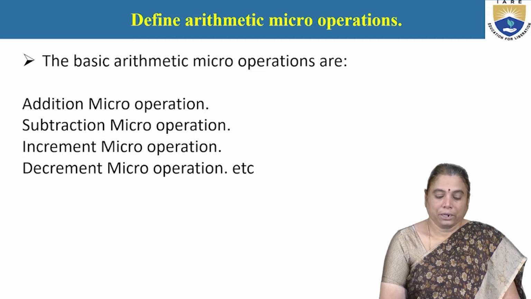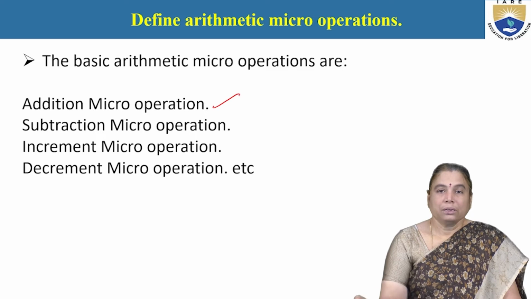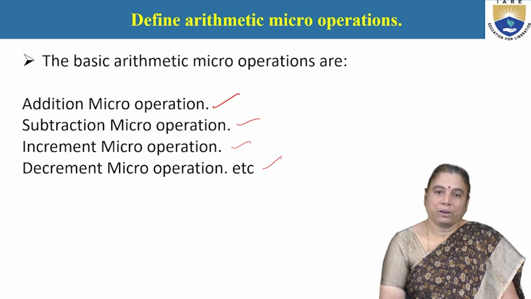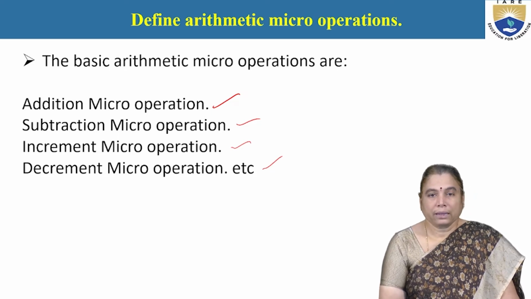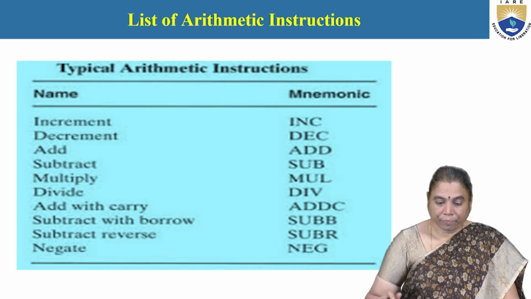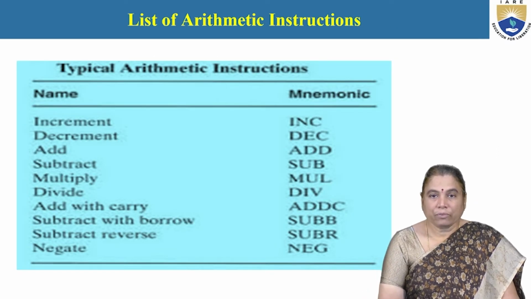Generally, the addition micro operation, subtraction micro operation, increment micro operation and decrement micro operation are various examples under the category of arithmetic micro operations. Here is the list of mnemonics that can be used in the assembly language related to the arithmetic micro operation.